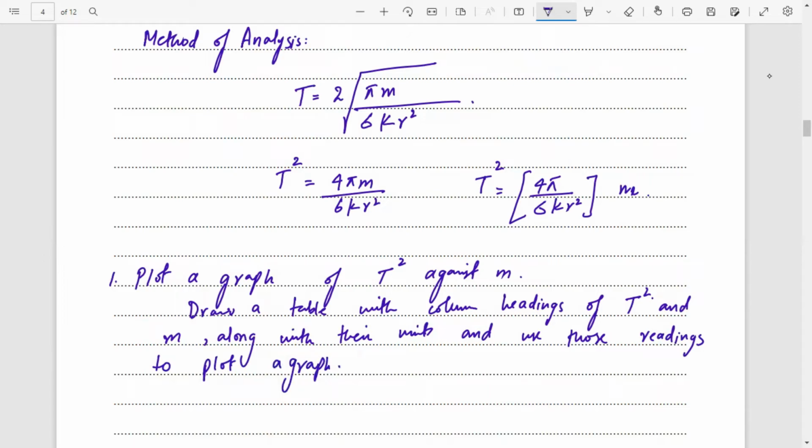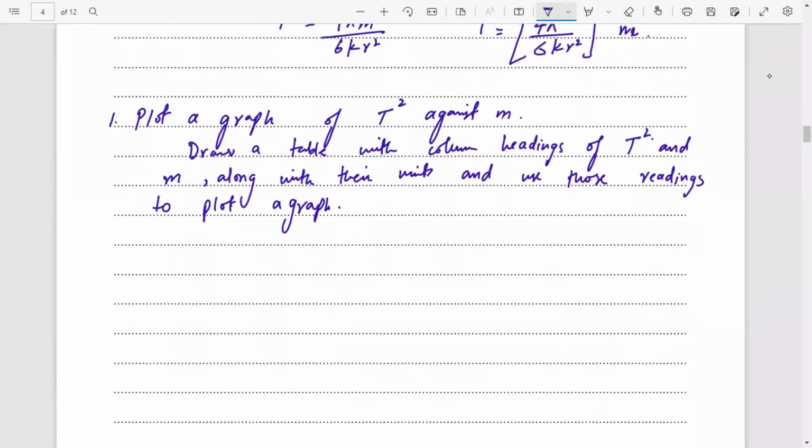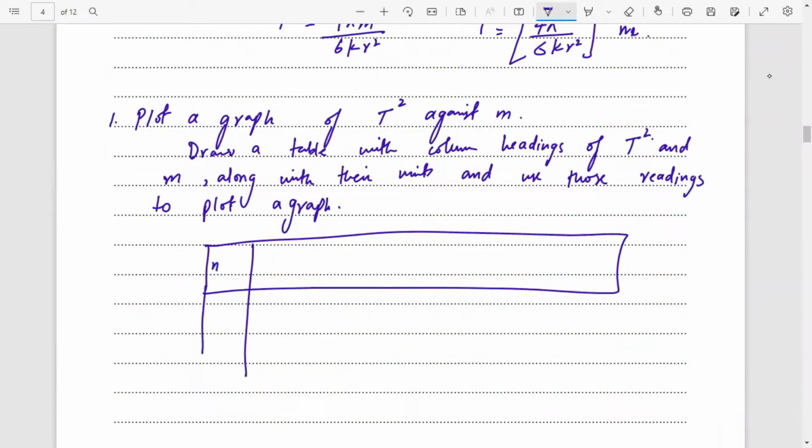Draw a table with the column headings of what you have found. T square, m you have varied, number of observations, t1, t2. You can make a table like this. This is the number of observations, as you do in practicals. Here you have m first. If you measure in grams, write grams; if in kilograms, write kilograms.